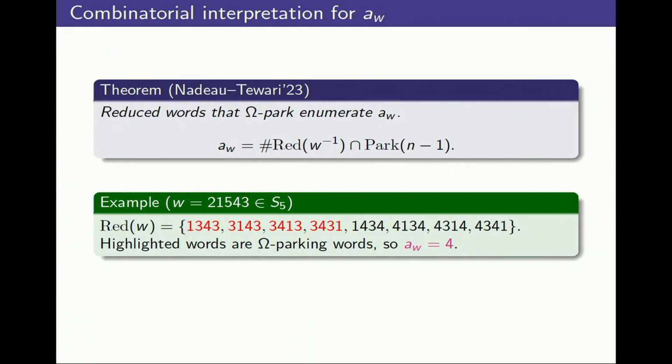So words that park contribute to a sub w. Okay. And so if this was w equals 21543, length 4 permutation living inside S5, it has 8 reduced words, and the first 4 are parking words, and the remaining 4 are not. So a sub w equals 4.